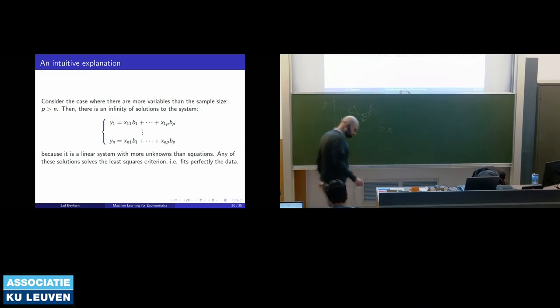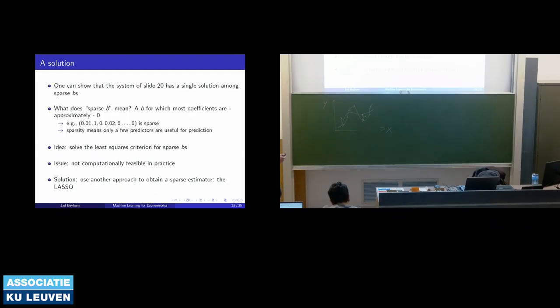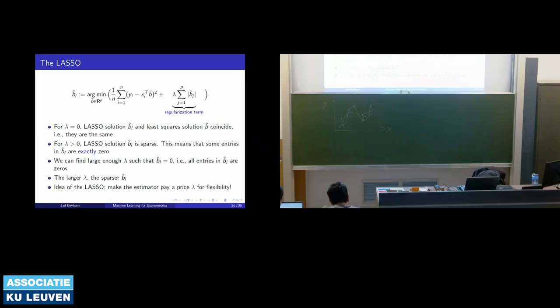So what we also saw last time is a solution to the problems that OLS faces and of overfitting. And this solution is to use lasso. The idea of lasso is essentially we are going to restrict the flexibility of the model by imposing that the lines for which we are looking are sparse.